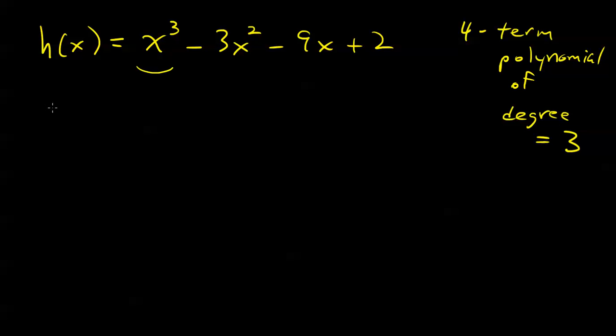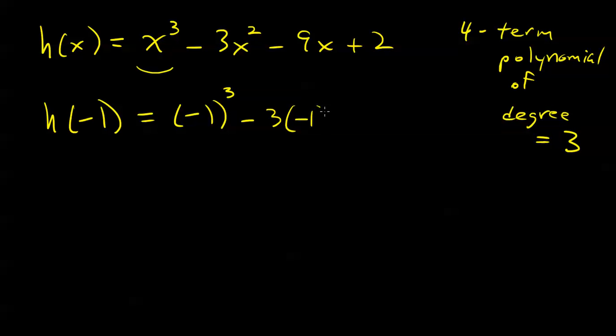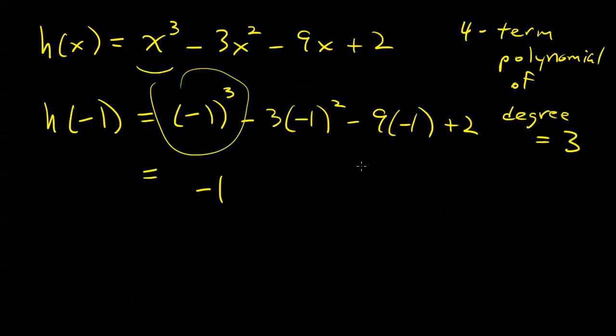Alright, for this polynomial, let's say we ask you to evaluate the polynomial at minus 1. In other words, evaluate h of minus 1. Now be careful about the signs here. Everywhere I see x in that polynomial expression, I plug in a minus 1. And then perform my calculations based on my order of operations. Minus 1 cubed is negative 1.